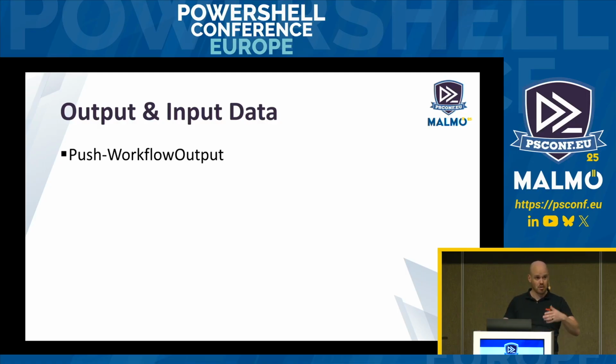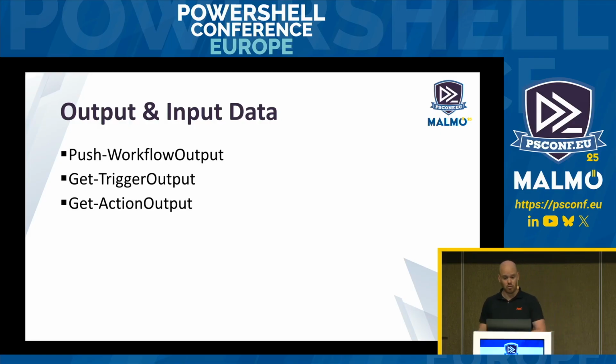The main thing is my script does something and it provides data back. In order to do that, you use a predefined function called Push-WorkflowOutput. That basically takes whatever you do in your script or whatever message you want to output and pushes it back to the workflow to be consumed by a next action.